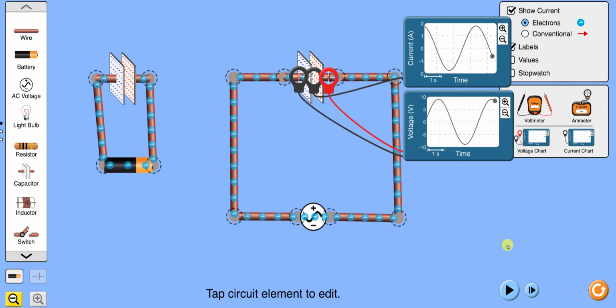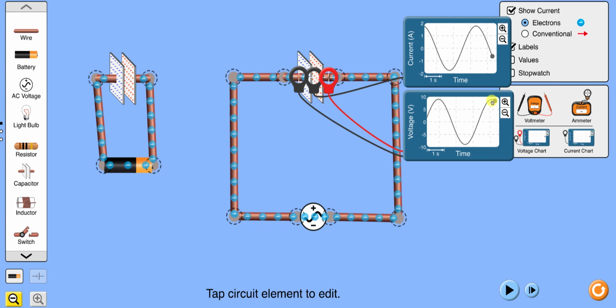Now, by how much? Let's look at this. From here to this point, I have one period. The horizontal axis is the time axis, and one period is the time it takes to do one cycle. If I start from here, go down, 0, maximum, back to 0, this is one period.